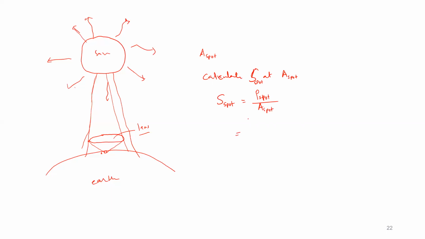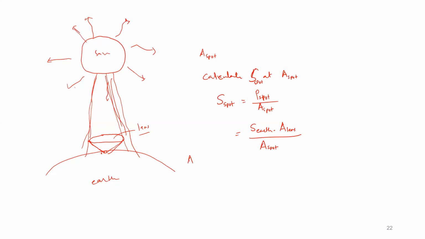Power is nothing but the intensity of the rays that is coming onto the earth multiplied by the area of the lens, because the lens is covering those rays. Up to the lens there is a lot of radiation coming, but through the lens the intensity is changing. So this will be the formula, and then you have the area of the spot.